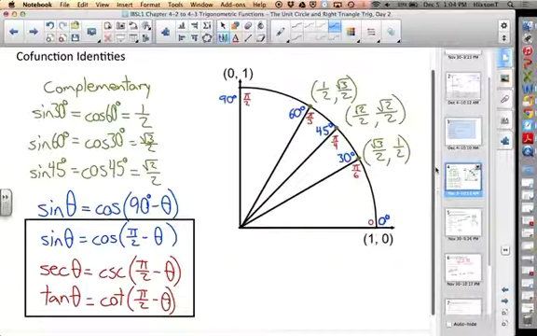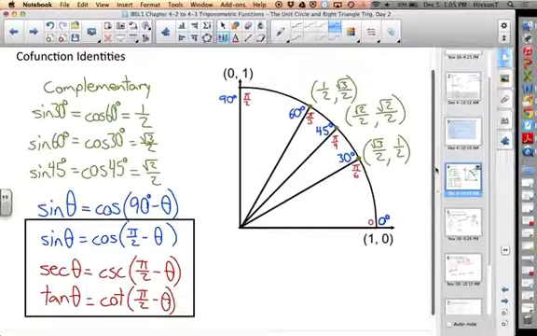If you look, we saw with the 30-degree angle and the 60-degree, or pi over 6 and pi over 3, the coordinates just reversed. And then with the 45, the coordinates were the same. And we can see then that if we have the sine of 30, that's a half.